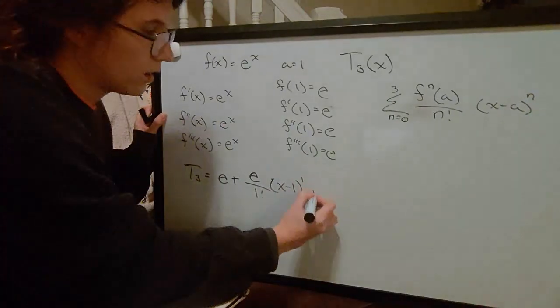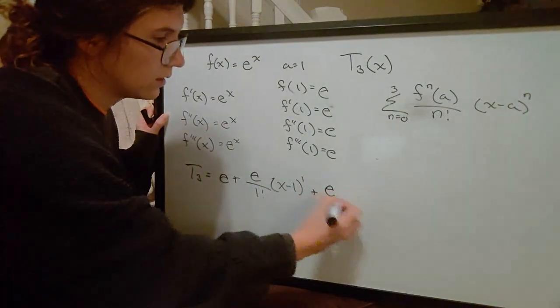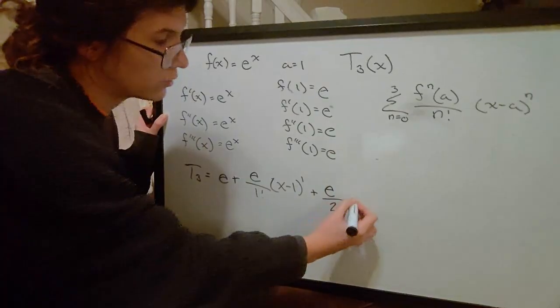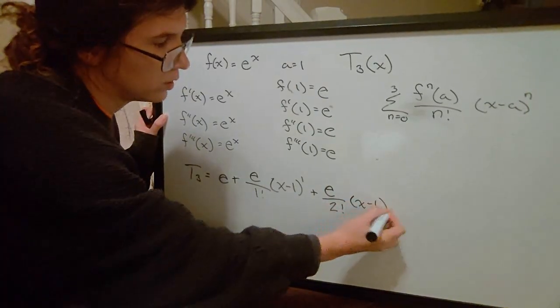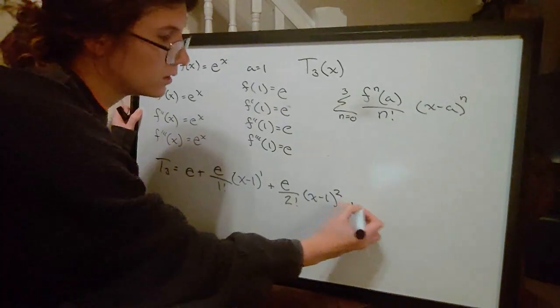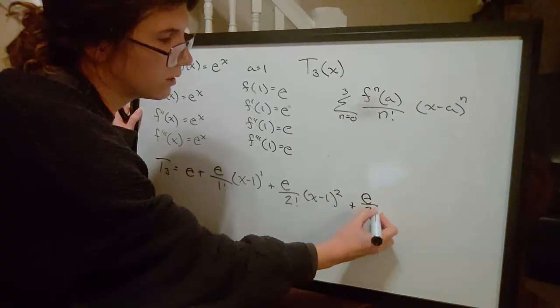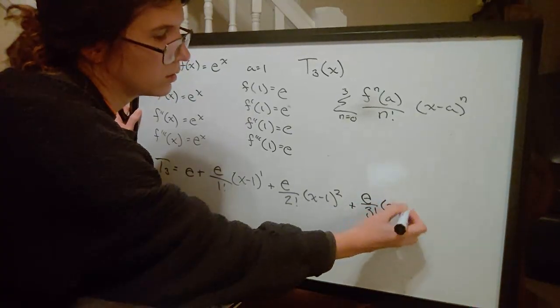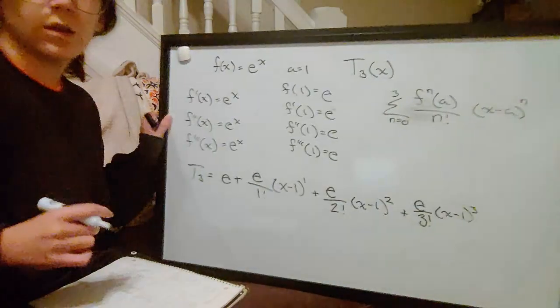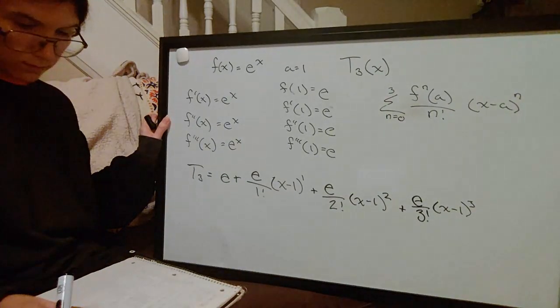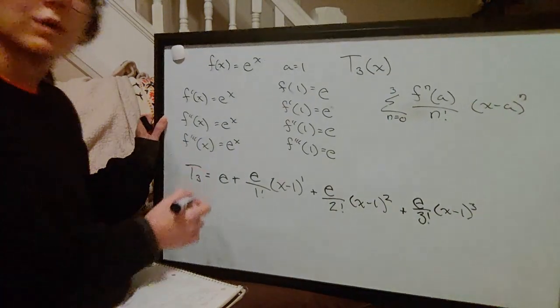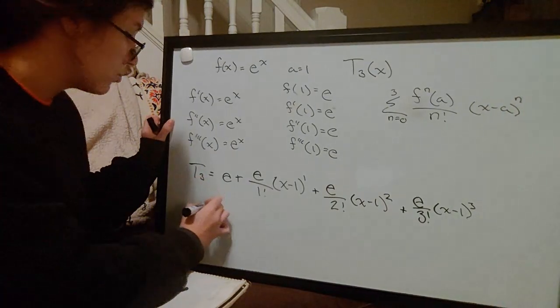And then we have e over 2 factorial, x minus 1 to the 2, plus e over 3 factorial times x minus 1 to the 3. All right. And then the only simplification that we can really do here is just get rid of our factorials.